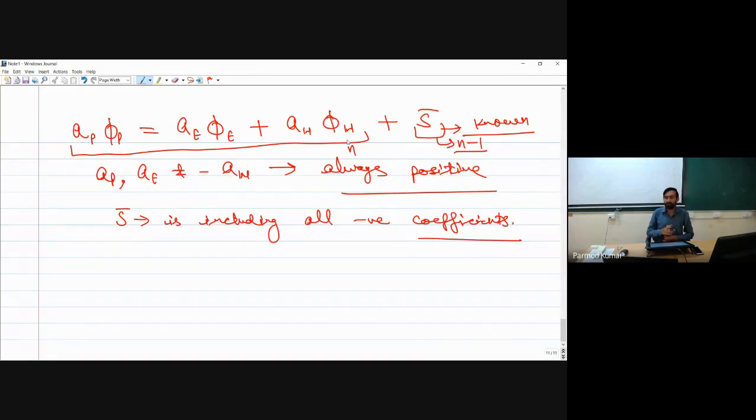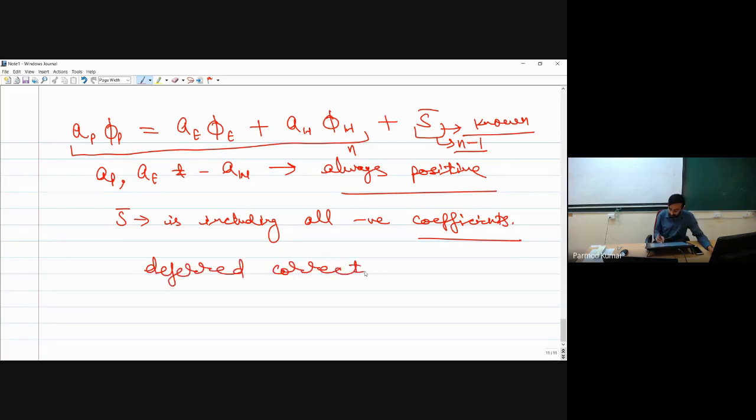So whatever correction the QUICK scheme is doing to our upwind differencing scheme, that correction we are employing one step later. So we are considering it from the previous iteration. That's why this type of solution approach is known as deferred correction.